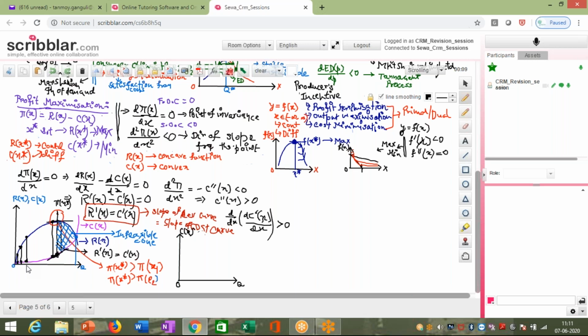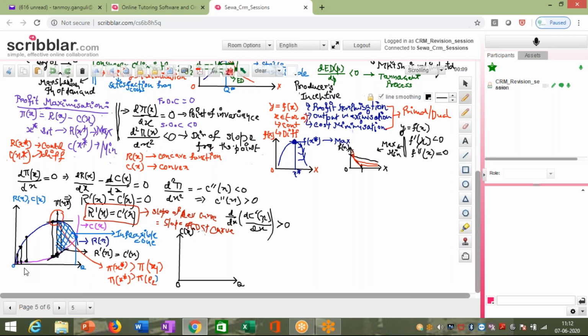Now over here, if the marginal addition to the cost is lower, it means that the revenue that you are earning corresponding to that cost is relatively higher, right?